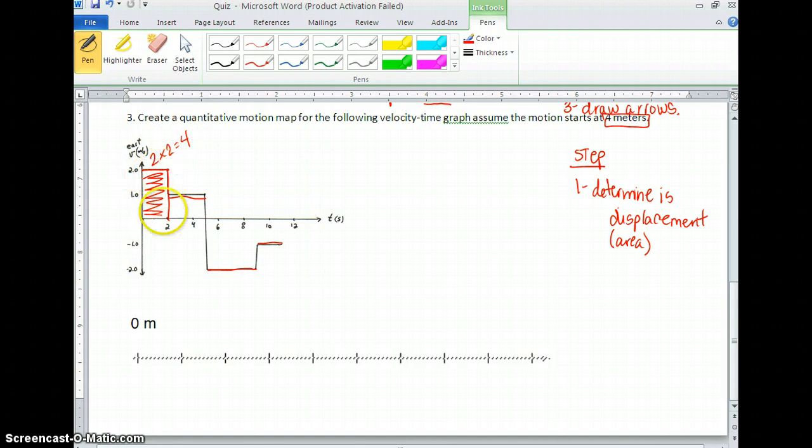During this time interval of 2 seconds, he's going to go a total of 4 meters. Next box. Next box is only 1 high, so 1 times, now it goes from 2 to 3, 3 to 4, 4 to 5. So 1, 2, 3. This one, he's going to go a total of 3 meters.